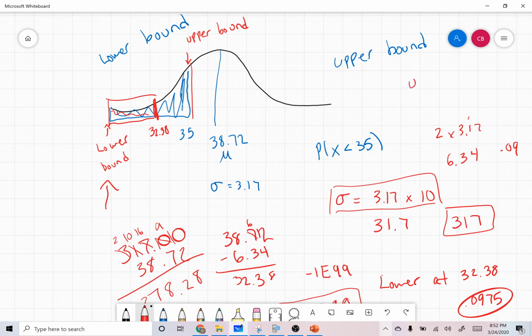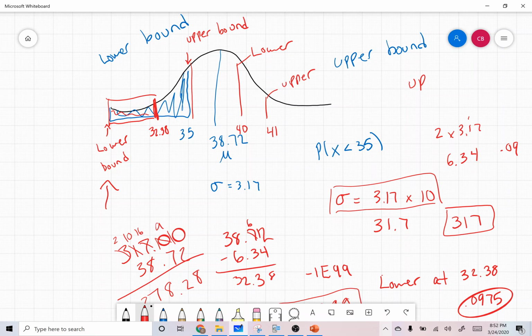Now, obviously, there are other instances. For instance, what if we wanted to find the probability between here and here, and let's say this is 40 and this is 41? This is the lower, and this is the upper.